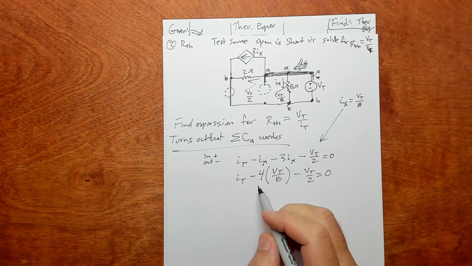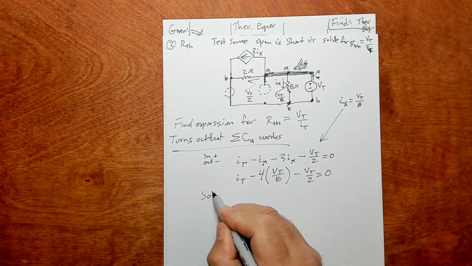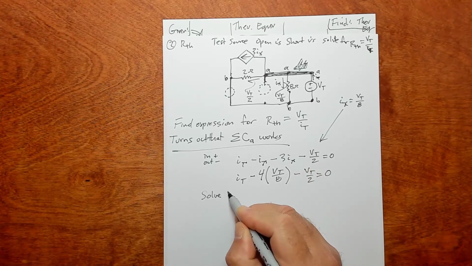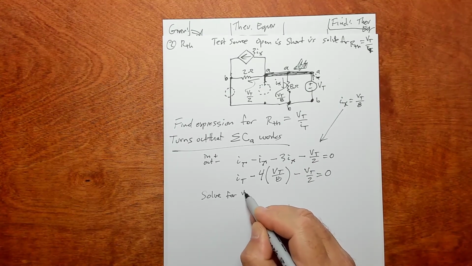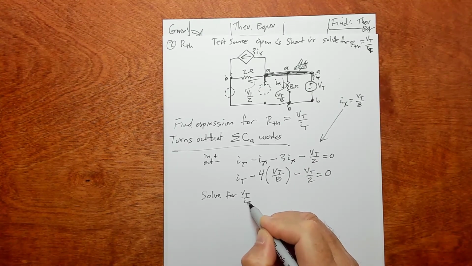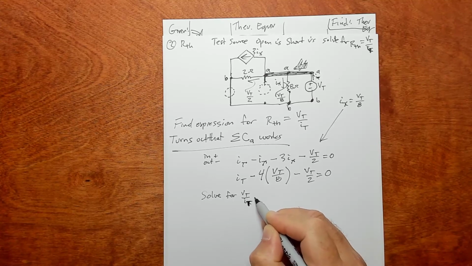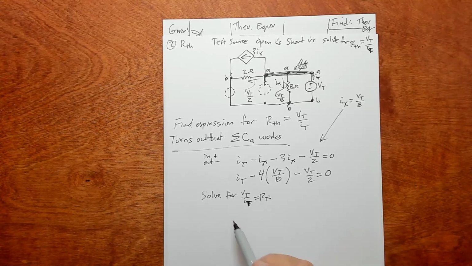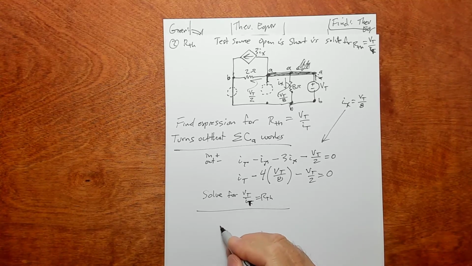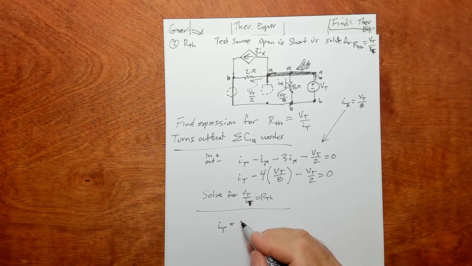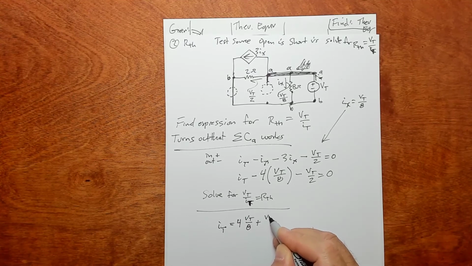So I'm going to solve for Vt over It, which will give us R sub Thevenin. So It equals, let's move these to the other side, 4 Vt over 8 plus Vt over 2.